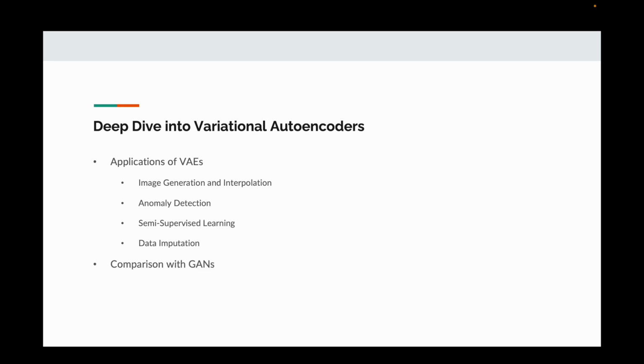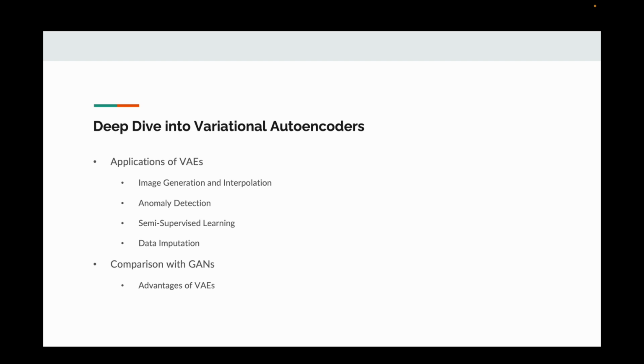Finally, let's look at the comparison with GANs. Unlike generative adversarial networks, GANs, which are adversarial models with separate generator and discriminator networks, VAEs are probabilistic models that rely on a single encoder-decoder architecture. We're going to look at GANs next, but for now, let's do the comparison. We also have, what are the advantages of VAEs?